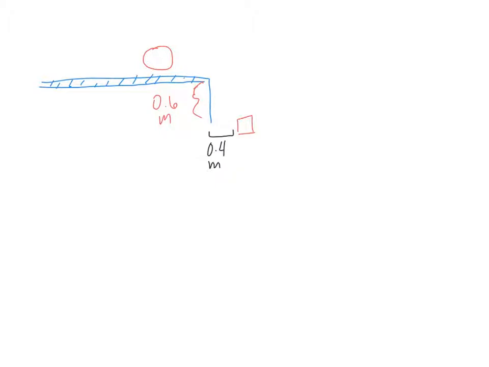Then off to the side, we're going to split off our variables into x and y. This 0.6 meters is a height, therefore it's a vertical distance, so we're going to write that there as our dy. And this 0.4 meters is our dx. Then we go off to list our assumptions.